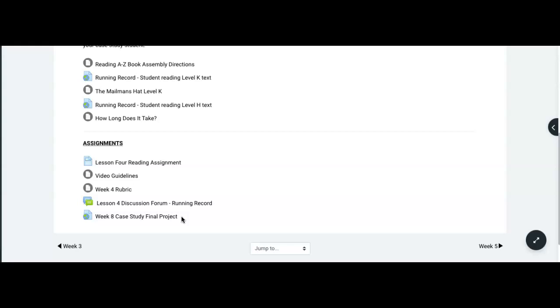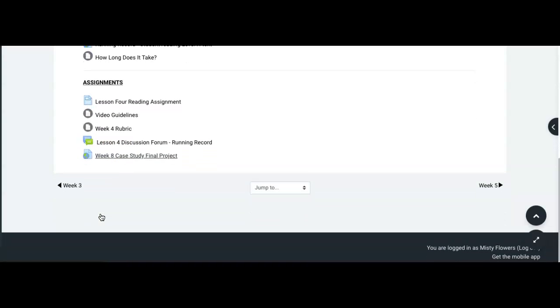Your case study is going to be talking about shared reading, interactive writing, guided reading, all elements that we address in this class. That's what you're going to talk about. How did the student do with that? So please reference this. If you have questions, let me know. Thank you.